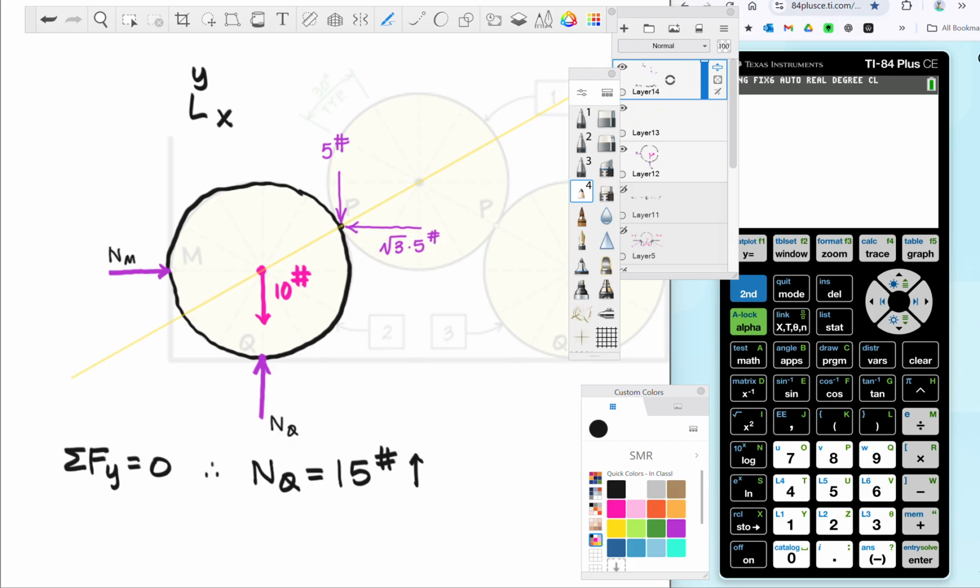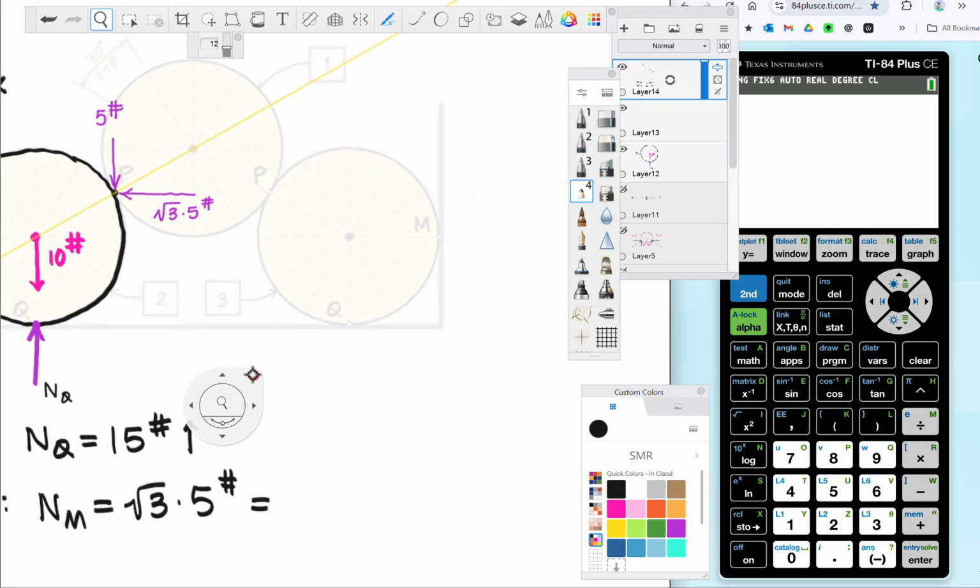So the next piece, summation of forces in the x direction equals 0. Now all I need to do is match these two forces. So N sub M equals, sorry, I got thrown off my game with the entrance of my cat. Okay, N sub M is equal to square root of 3 times 5 pounds, and we're in final answer mode, so I'll punch this through the calculator.